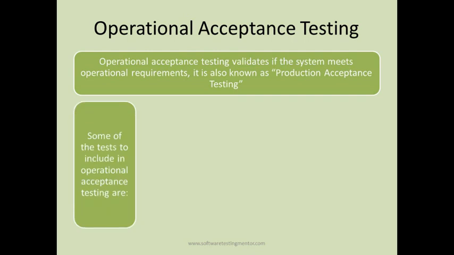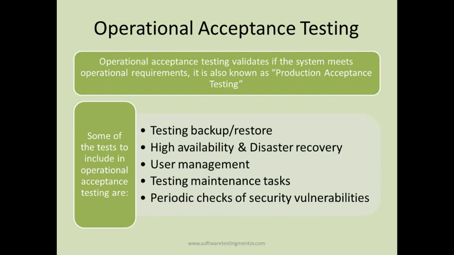Some of the tests to include in operational acceptance testing are testing backup and restore, high availability or disaster recovery, testing user management, testing maintenance tasks for the software, and testing periodic checks of security vulnerabilities. These need to be done, because if the system is deployed and you are not able to take regular backups and restore the data, it definitely makes no sense.